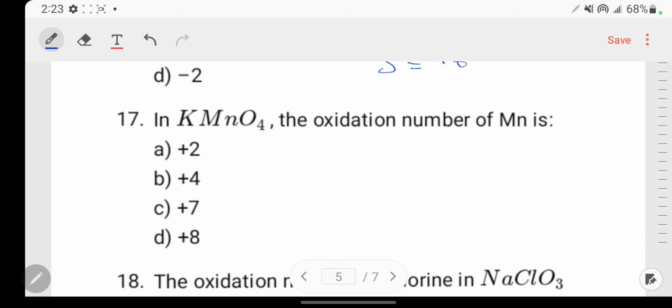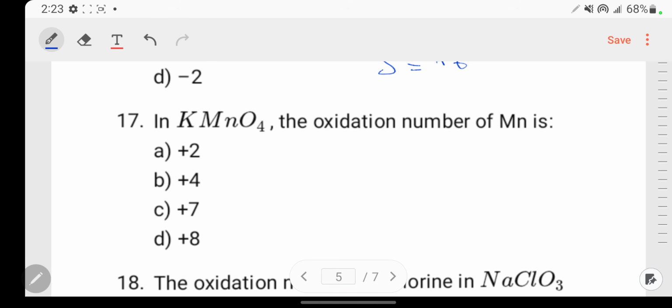Let's look at question 17. It says that in potassium manganate, we have the oxidation number of Mn. This is uncharged, so the overall charge will be equal to 0.